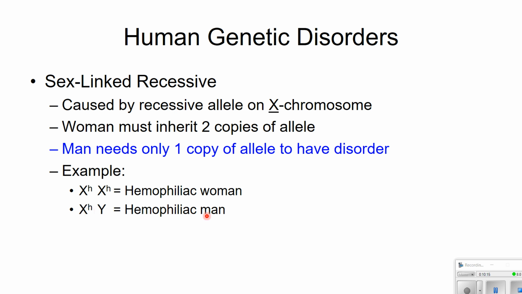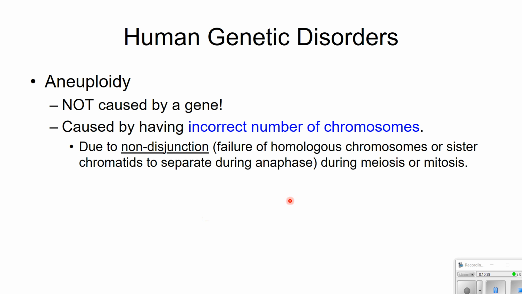So that's why these sex-linked recessive conditions are much, much, much more common amongst males, and they're very, very rare amongst females. So we talked about several examples: hemophilia, we talked about Duchenne's muscular dystrophy, red-green color blindness. Those were among the examples that I previously discussed.